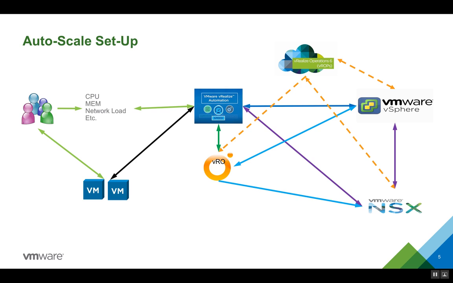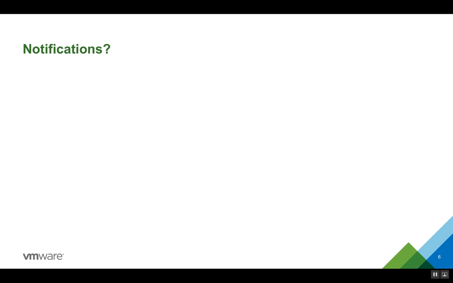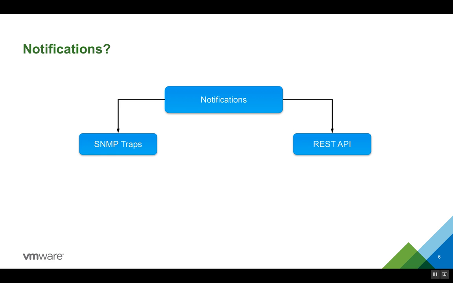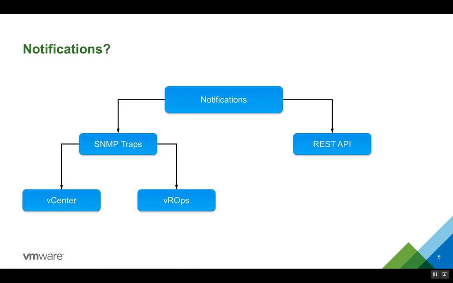Now, if we go back to this, I said notifications, because your environment needs to know when to scale out or scale in or scale up, scale down. So you need to have a notification in place. Now there are multiple types of notifications that you can use. Typically SNMP traps and REST API, right? So when you choose SNMP traps, we can use both vCenter server and VROPS. As you know, vCenter server monitors your virtual environment, so it can monitor and raise alerts and send notifications through SNMP traps.